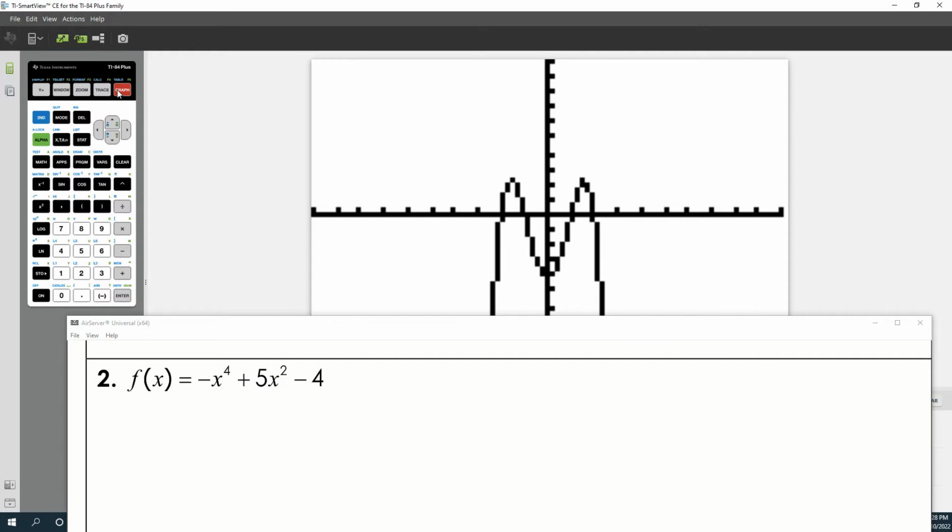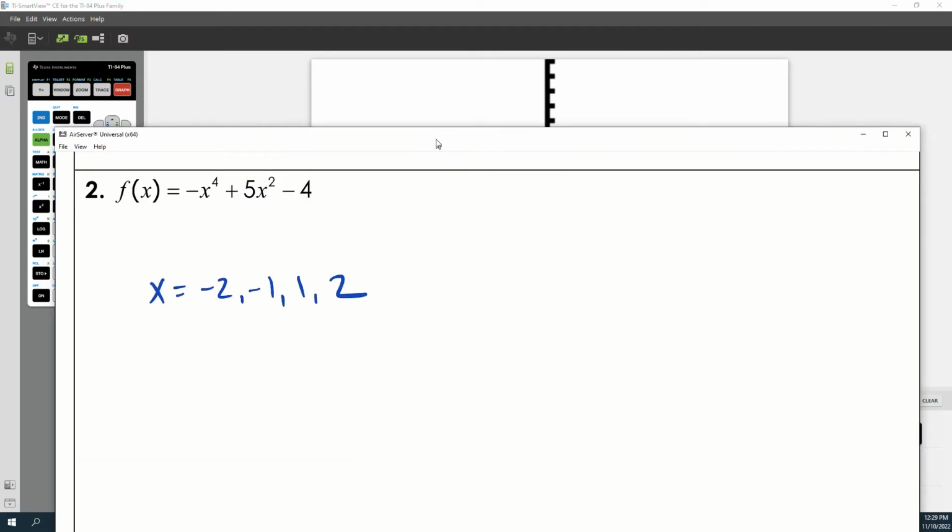The most this one can have is 4, because that's the degree. And when we're doing zeros, we don't care about y intercepts. We only care about x intercepts. All right, so this one has x intercepts at -2, -1, 1, and 2. And that's it. That's where it touches the x-axis. Those are the zeros.